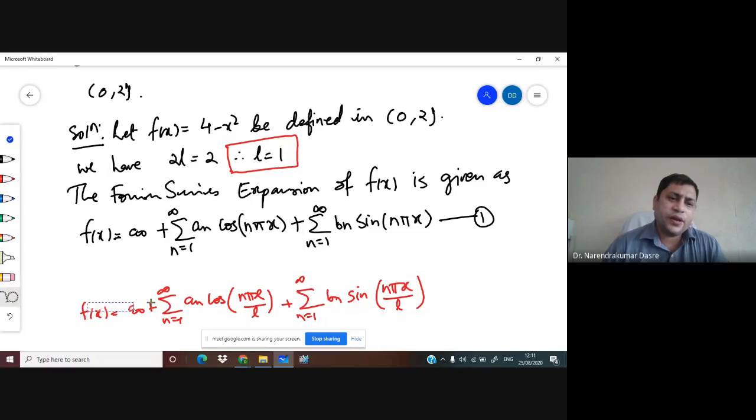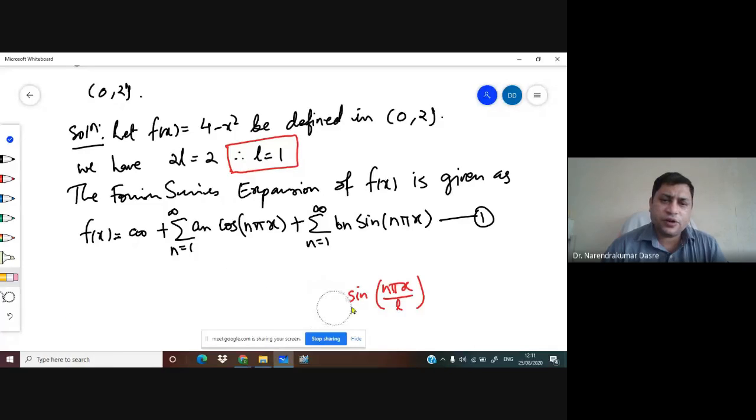And then accordingly we have to write the formula for a0, an and bn.